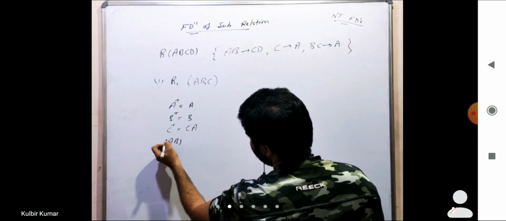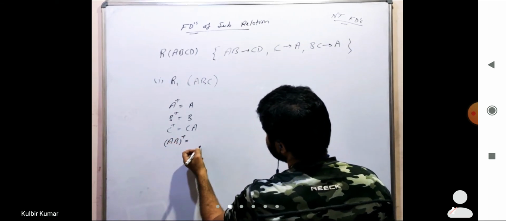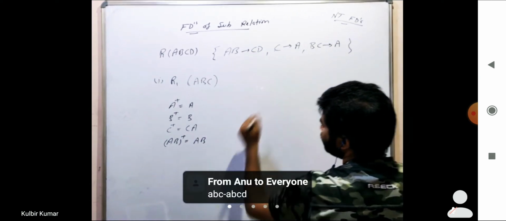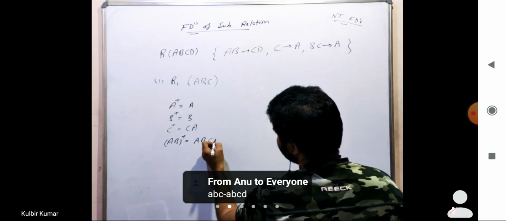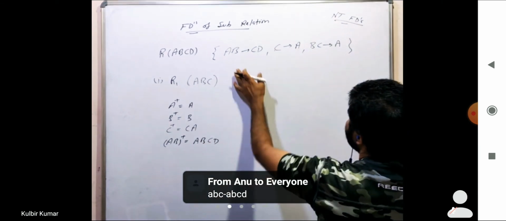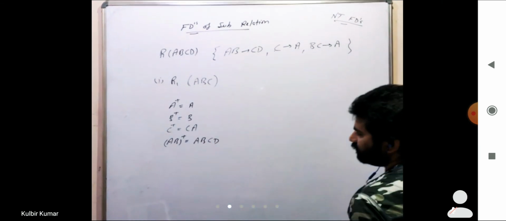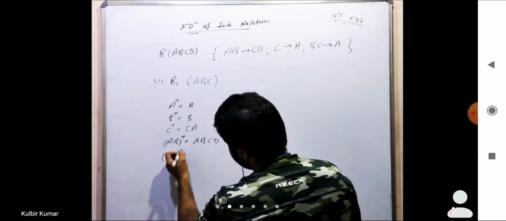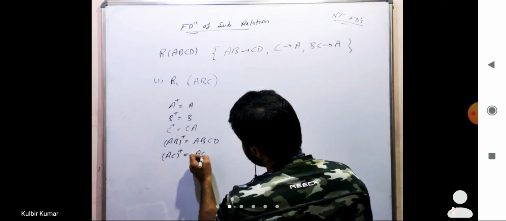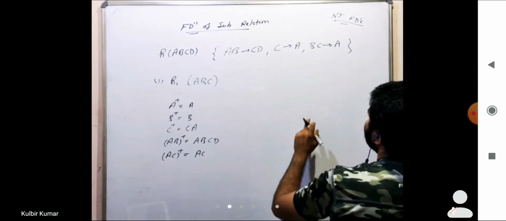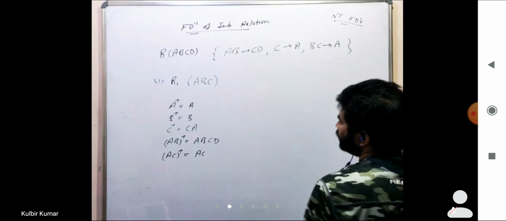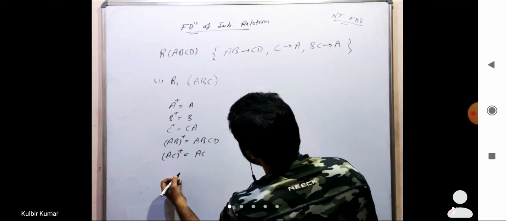After that, AB closure. AB closure is AB, and further C and D, and further it is fine. What can be the AC closure? AC closure is AC, and with the help of C we can derive A and C. Now we cannot derive anything further.